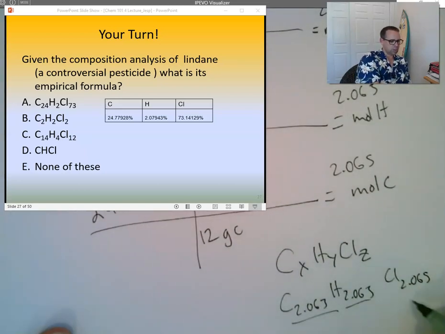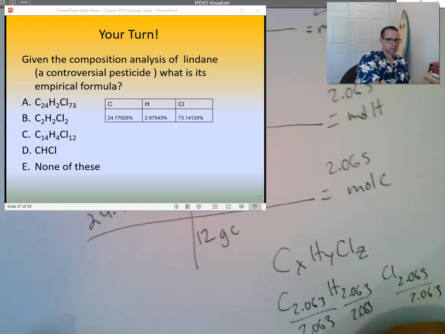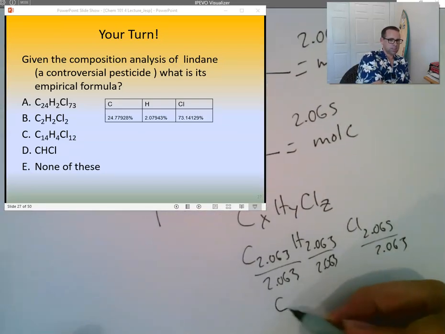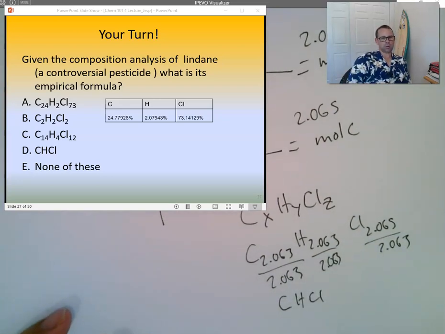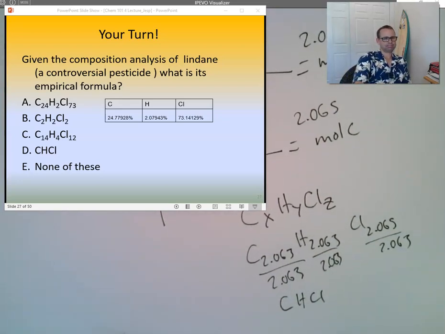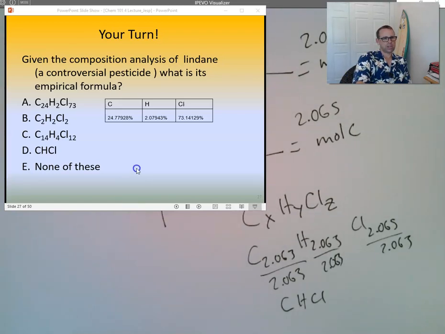Then I have to divide them all by what? 2.063, right? And that's going to be CHCl. Each one's going to be 1, right? It's D. That's right, D.